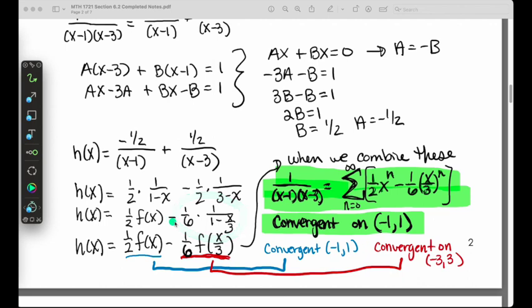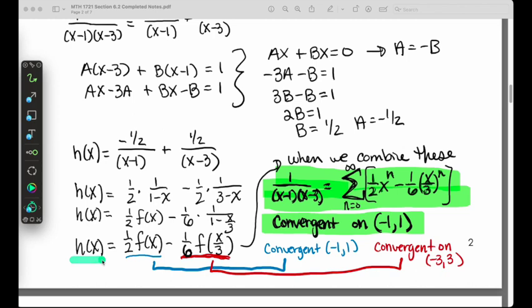So now I have negative 1/6 times the function f, and then I use substitution and plug in x over 3. That would be this, where my x normally would be.